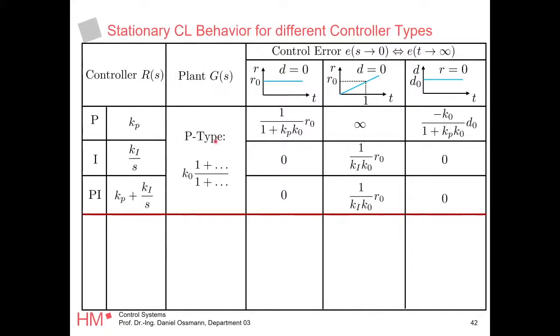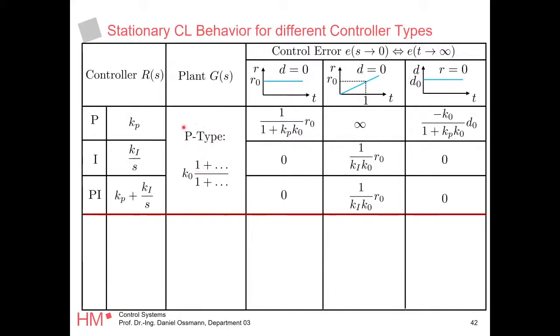So if your plant looks like this, it's a proportional type, meaning that it has no free integrators 1 over S or free differentiating S. So we don't have a pole or a zero in the origin. It's simply proportional. It can have zeros. It's just not allowed to have those zeros in the origin.